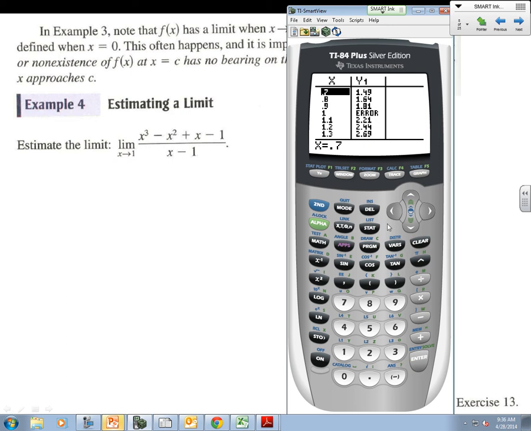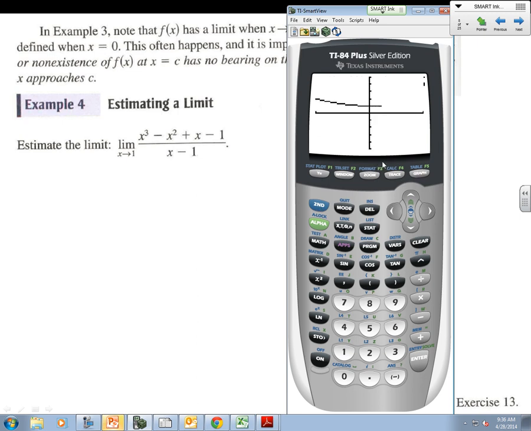Now, on example 4, I'm going to do a graph here for the first time. Let's change our windows back to something reasonable. Actually, we can go -1 to just 1 here. And our y values, let's go -5 to 5, because we know our answer from our table is going to be somewhere around 2. So those seem like decent numbers.